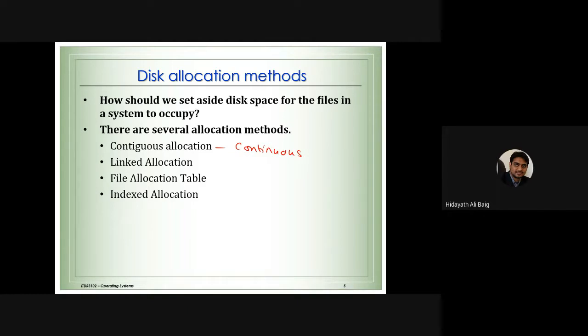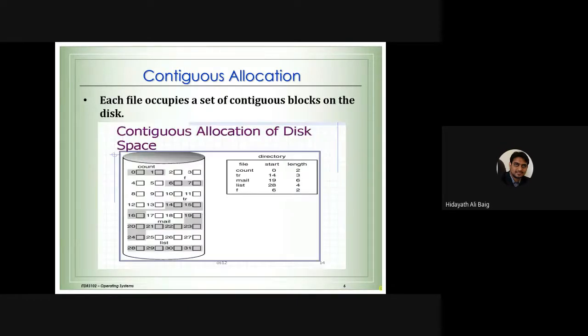Here, contiguous allocation means, if you look at the example, each file occupies a set of contiguous blocks on the disk. So how to remember this? Contiguous means remember it as continuous. Continuous blocks are going to be together in one location.